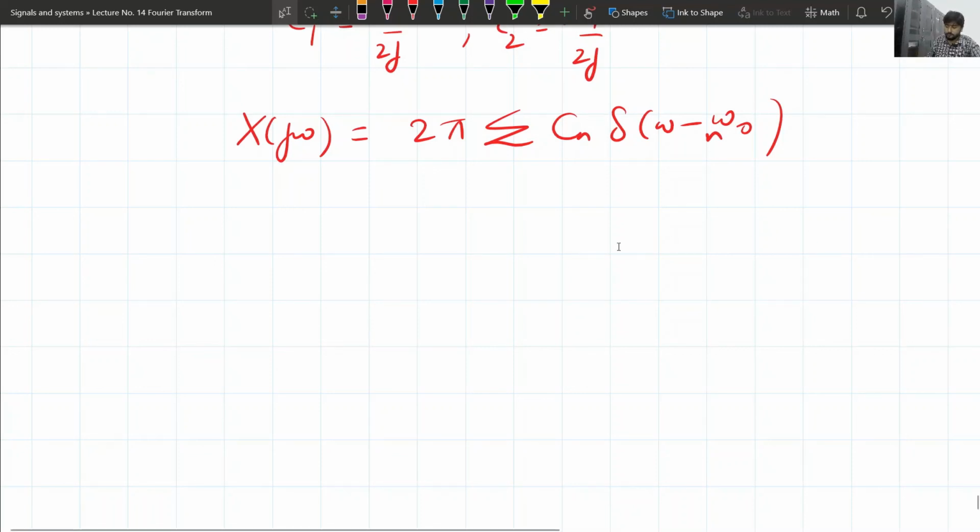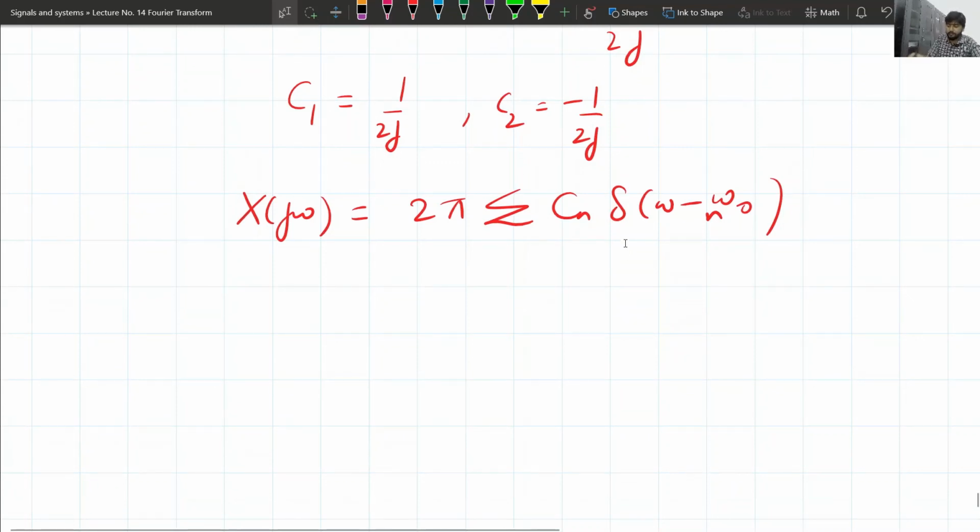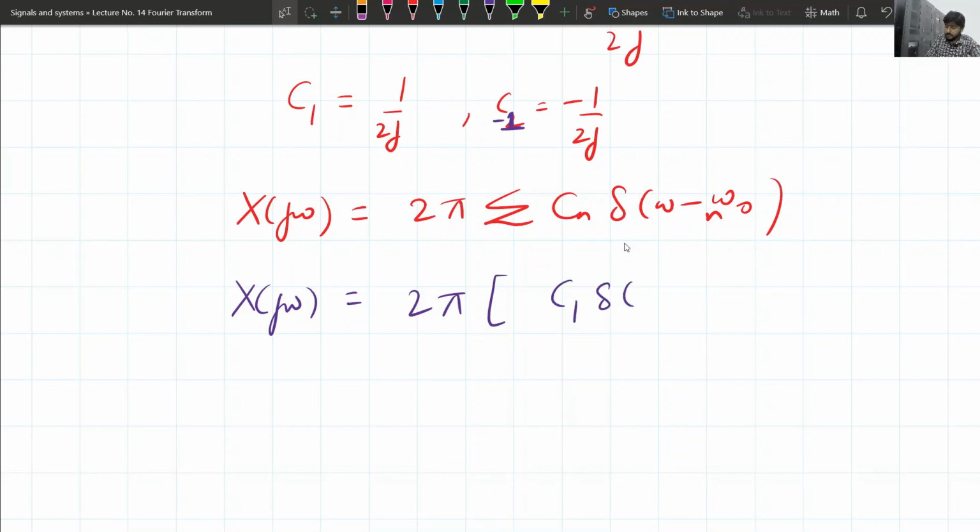So now it has only two frequency components, plus 1 and minus 1. So X j omega will be 2 pi times C1 del omega minus omega naught plus C minus 1 times del omega plus omega naught.